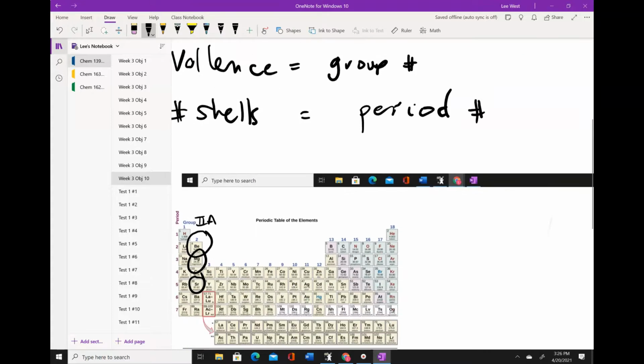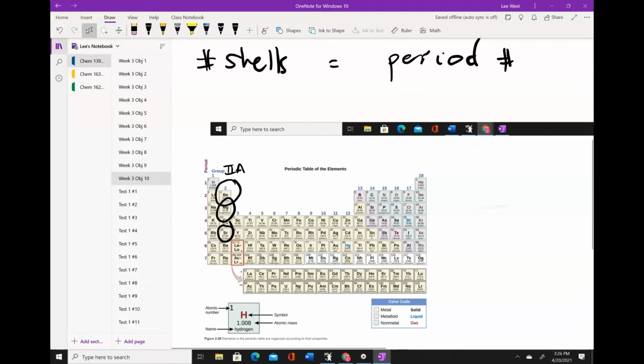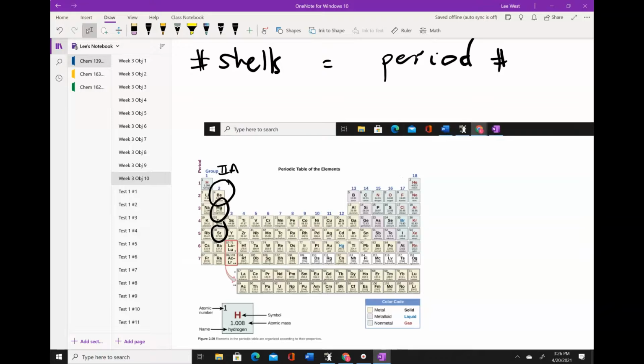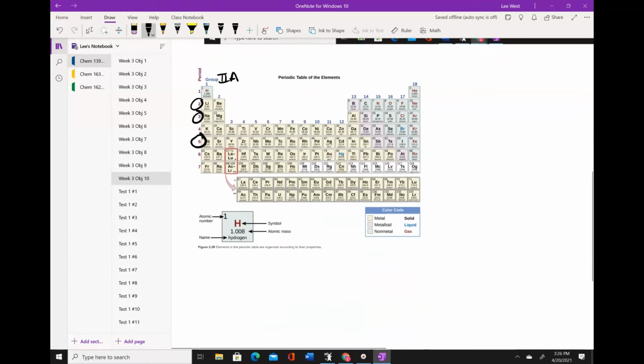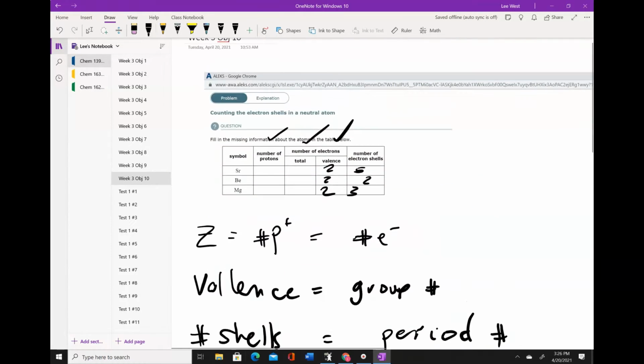So that was quite easy. Now let's have a look at the shell number. So for beryllium it's 2, for magnesium it's 3, and for strontium it is 5. So 5 for the number of shells, 2 and 3. So that was easy.